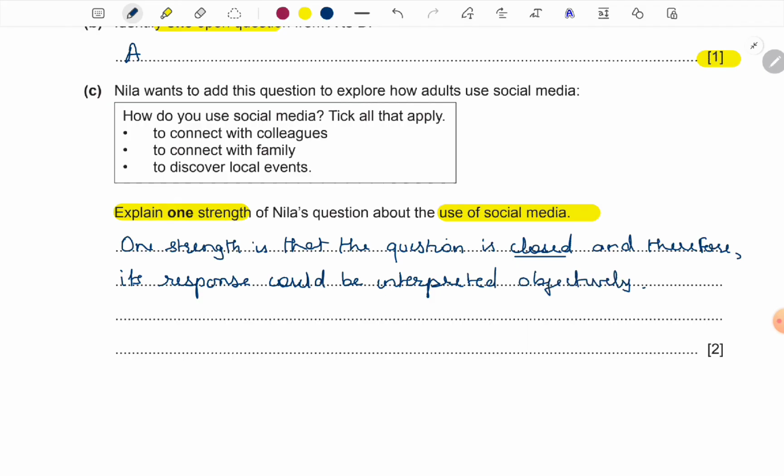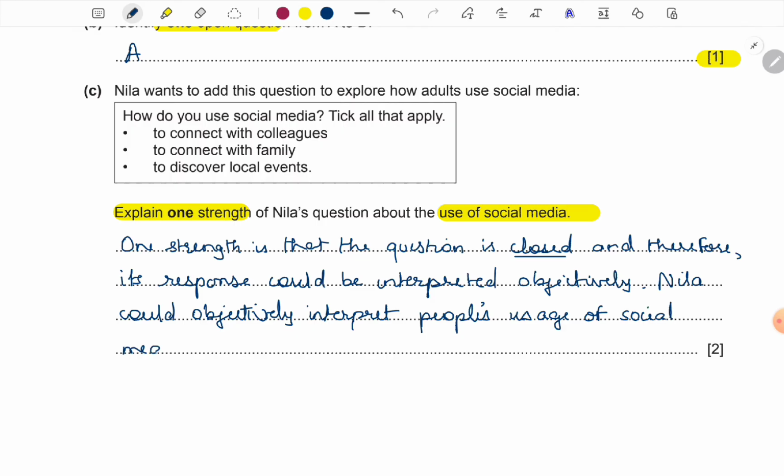Now two things: what do we mean by this and how is it related to the scenario? So Neela could objectively interpret, or you could say interpret in an unbiased way, people's usage of social media, increasing the validity of her findings.